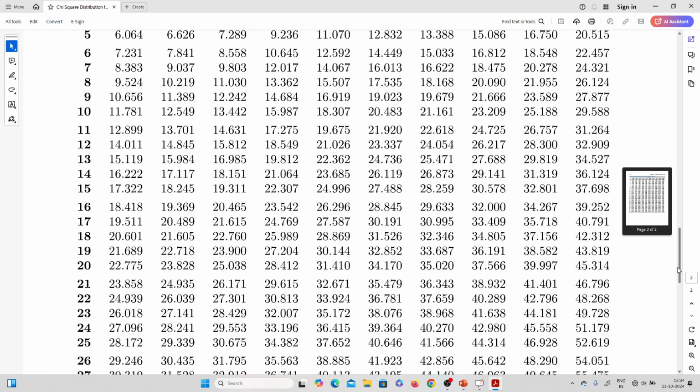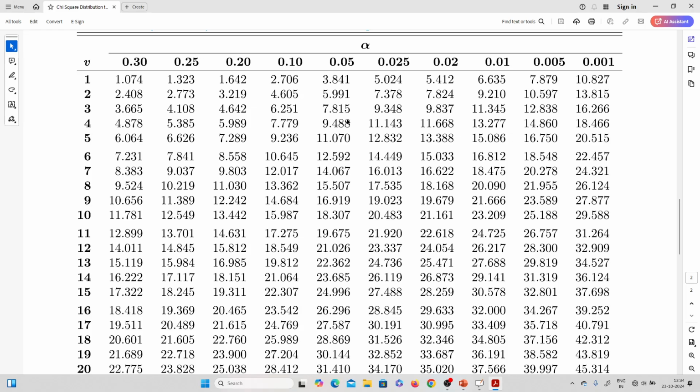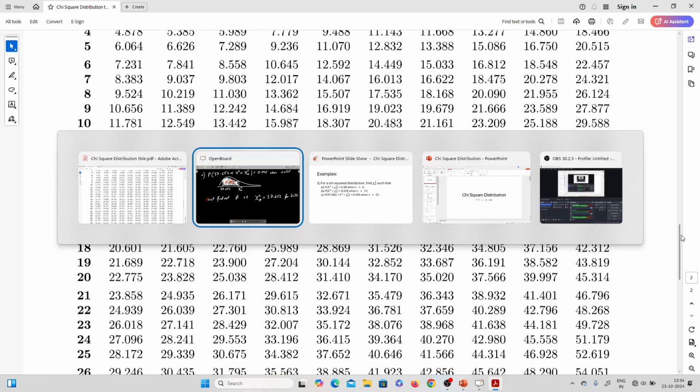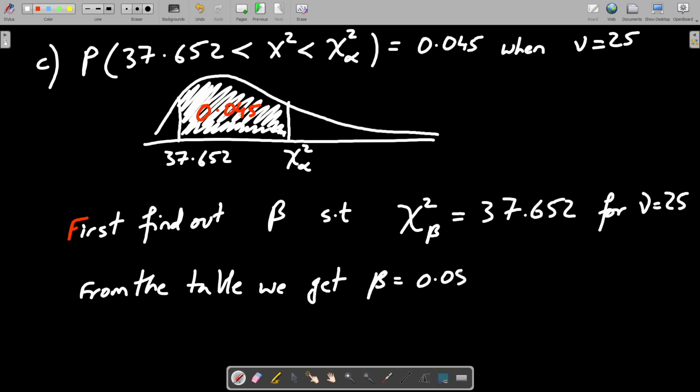So this entry corresponds to 0.05. From the table we realize that beta is equal to 0.05.